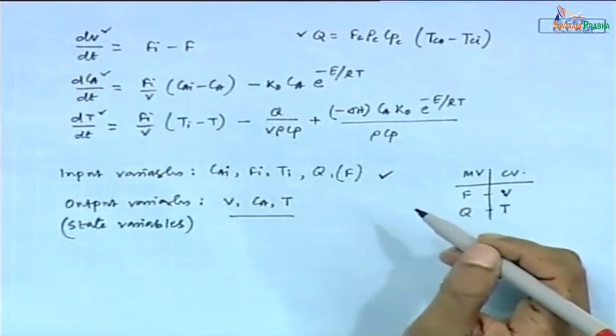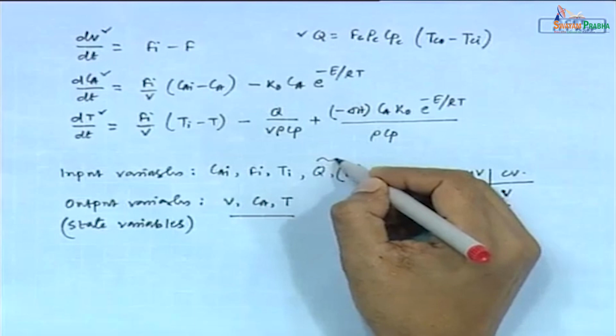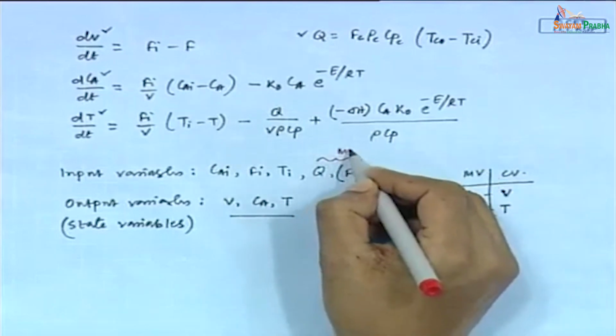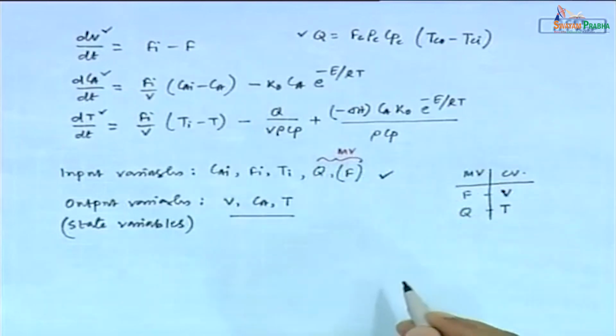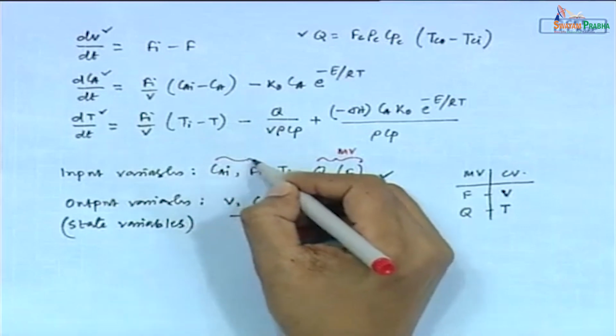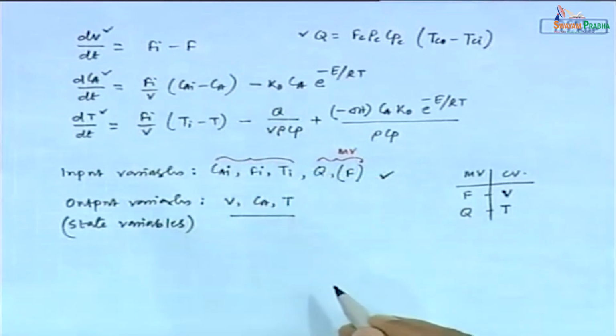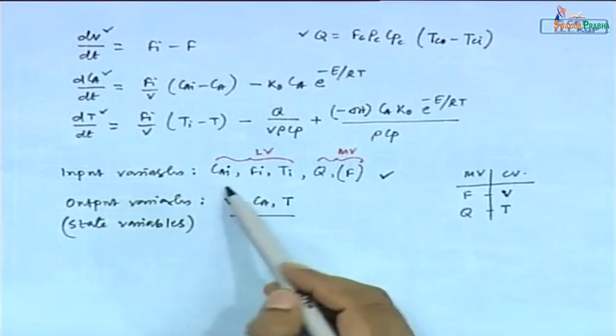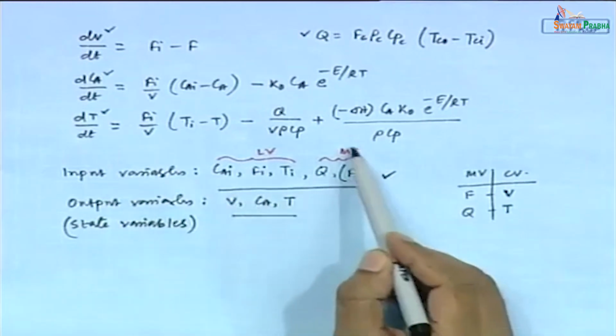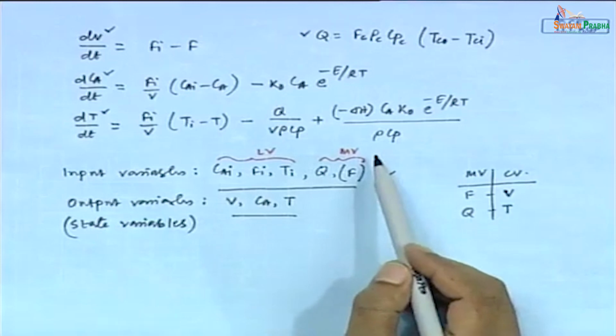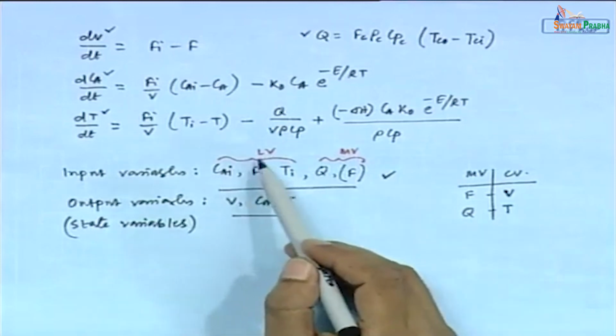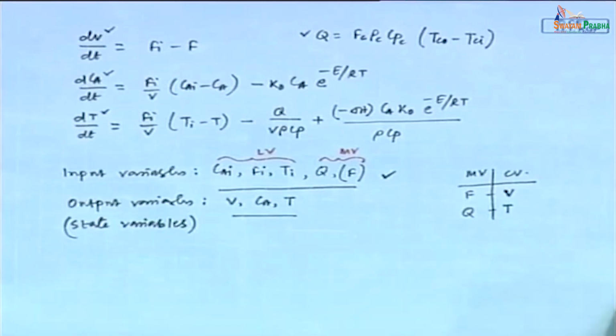So Q and F are the manipulated variables. The rest of the input variables are load variables or disturbance variables. Among these 5 input variables, 2 are manipulated variables and the other 3 are load variables.